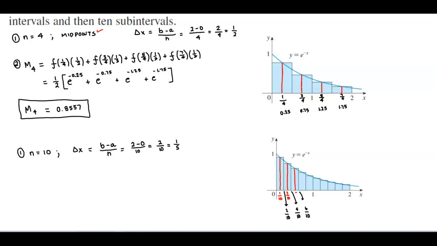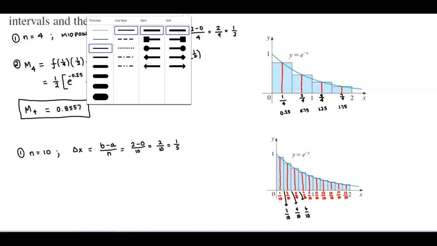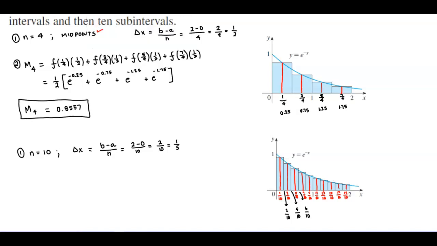And then here we get 5/10, and then 7/10, and then we have 9/10 here, and then 11/10, 13/10, 15/10, 17/10, and then 19/10.